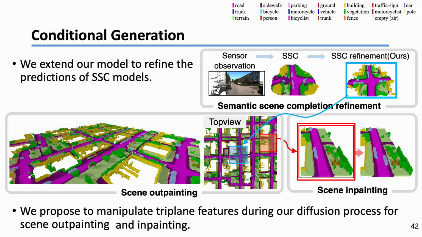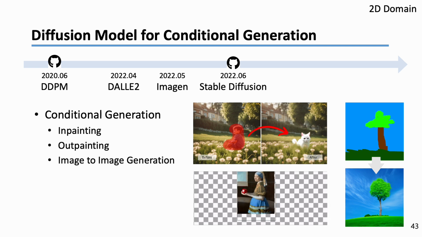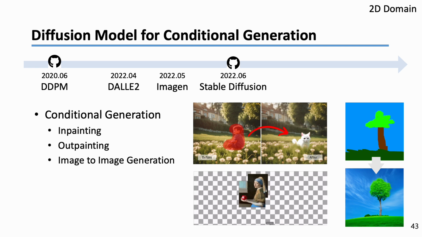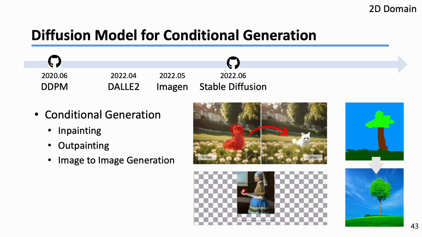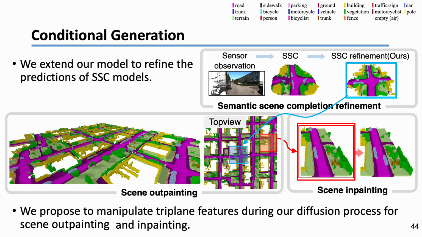So we extend our model to conditional generation. In the same context as inpainting, outpainting, and image-to-image generation in image diffusion models, we also show these applications in our task. Here is the comprehensive scenario of our applications.